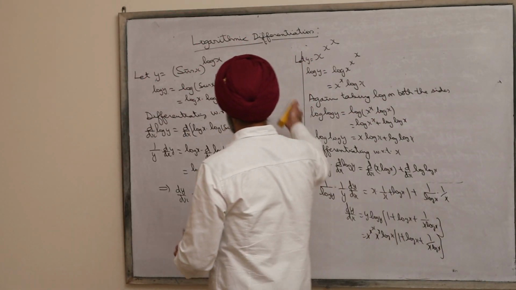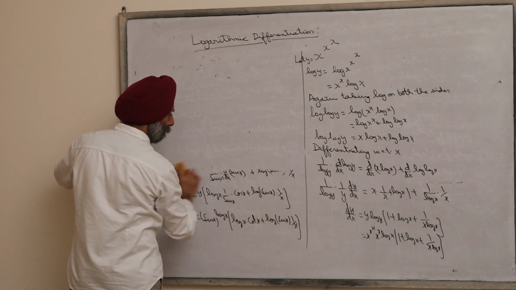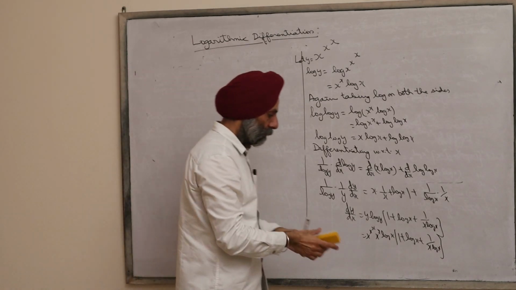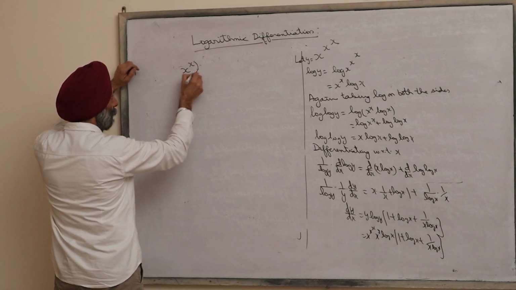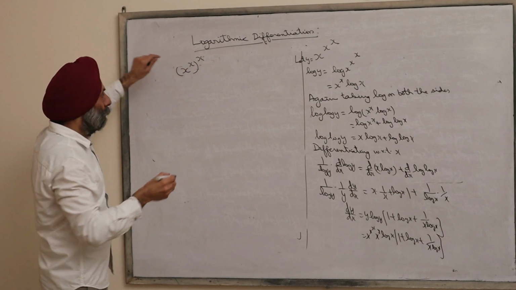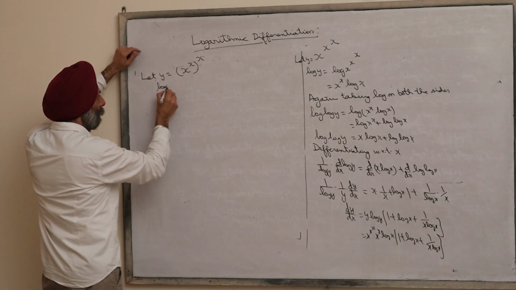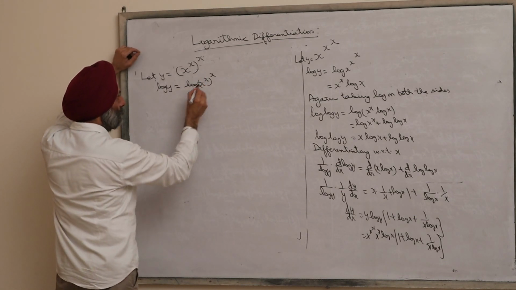Now almost similar to this question is differentiating x raised to power x, whole raised to power x. Now the bracket is put here, which means let y is equal to this, log of y is equal to log of x raised to power x whole raised to power x.